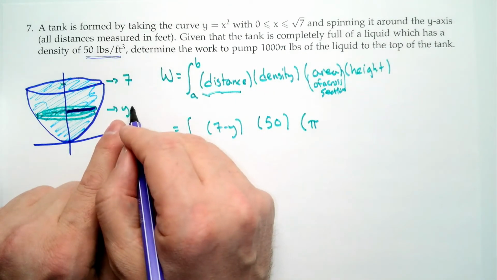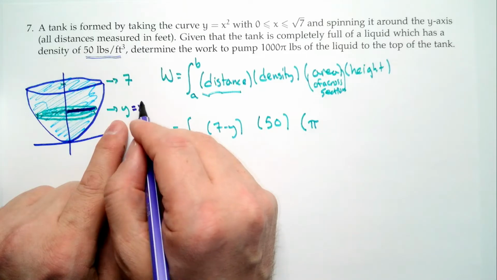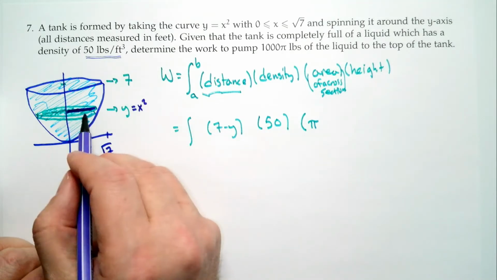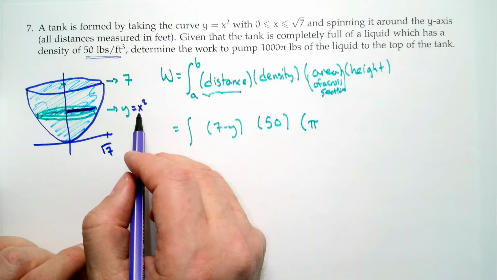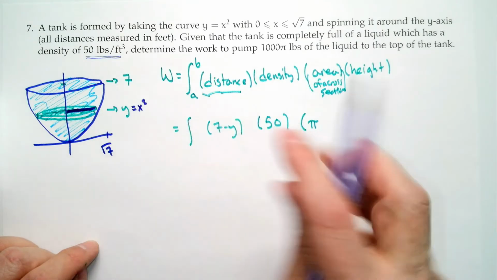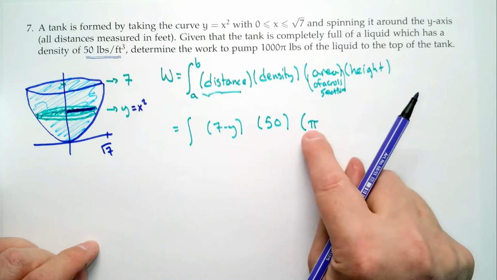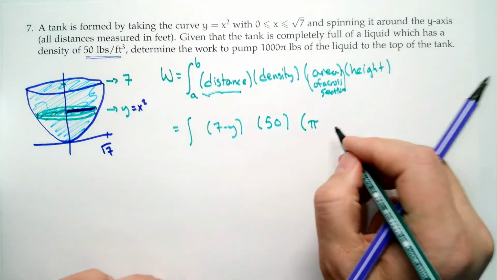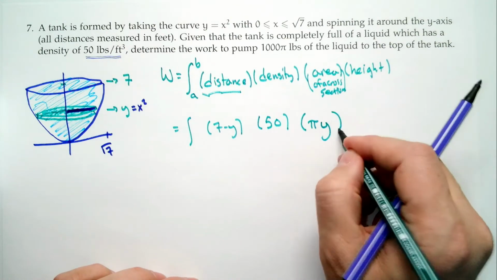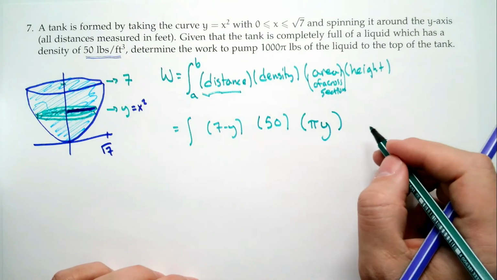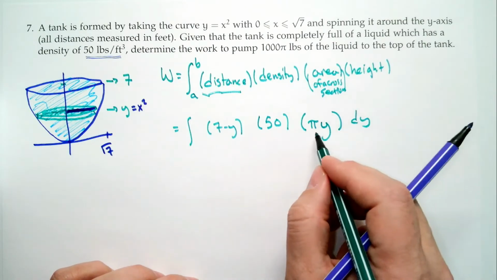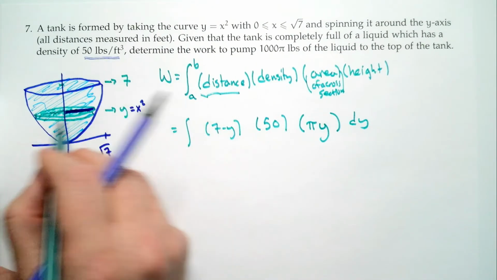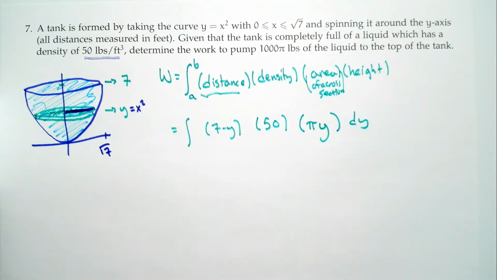Well, remember y equals x squared. The radius would be x. So what is x? Square root of y. When I come over here, I want to take pi radius squared. So what goes there? Pi y. What's the height? dy. So the area times the height, that's the volume of that little tiny slice. Okay, we're looking pretty good. What don't we know yet? Bounds. Okay, where do the bounds go?